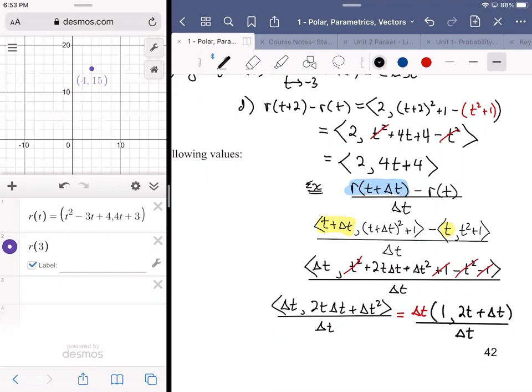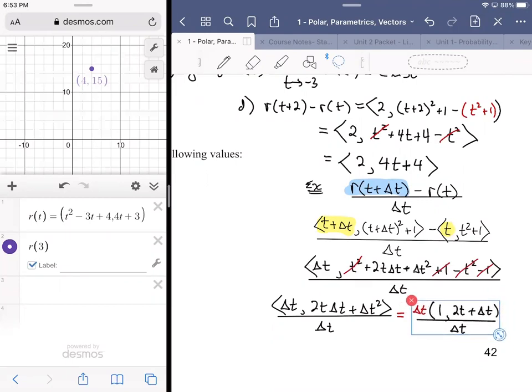All right. So once I do that, I can cancel out the delta t's. Right? Because it's just like algebra 1, college algebra. You're canceling out a GCF. There's nothing wrong with that.